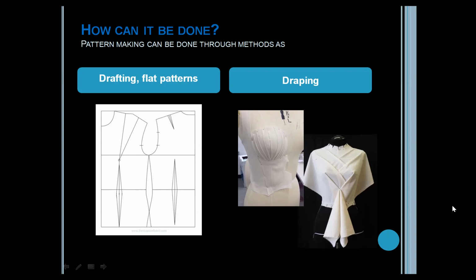Okay, let's see the methods of pattern making. First one is draping. It's a hard one. It demands skills, knowledge, fabric, a lot of things, not for a beginner. And then it's drafting and flat pattern making. On paper, right? Yes, on paper.